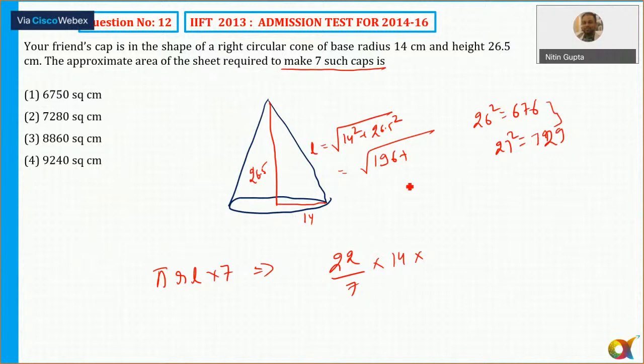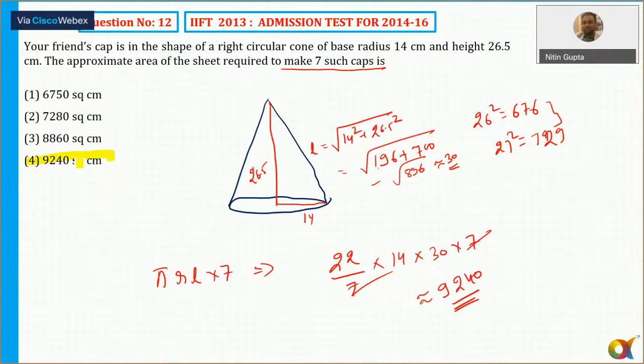Approximately 700. So in any case, if I say something 700 plus 900, 30. Okay. So approximate value is 30 of L. Now solve this to be approximate, which is option number 4. For this question, the answer is option number 4.